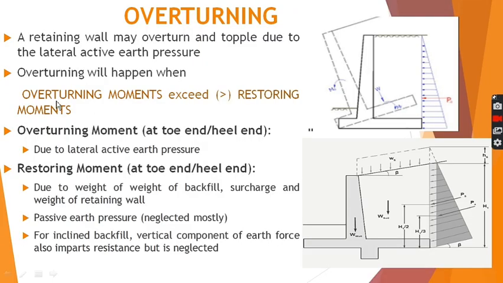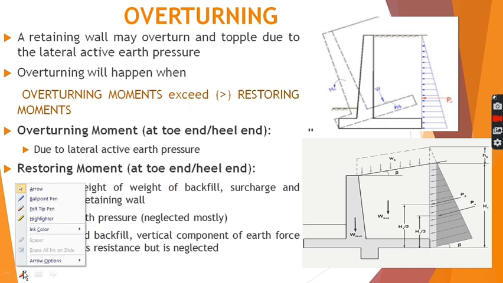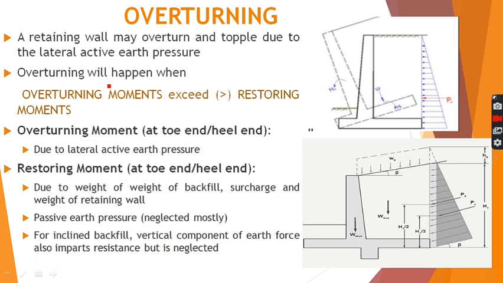As explained here, the overturning will happen when the overturning moment exceeds the restoring moment. So in order to have stability, the restoring moments should always be more than the overturning moments. These are the overturning moments and these are the restoring moments.